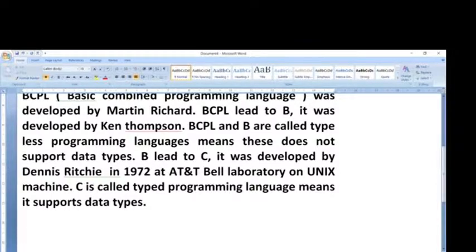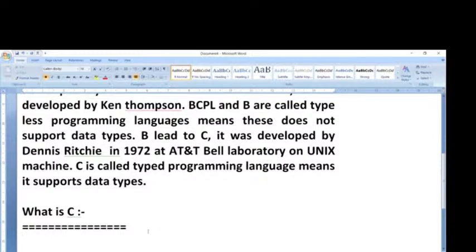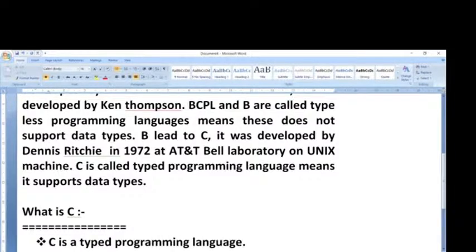Next, what is C? Actually, C is a typed programming language, meaning it supports data types.